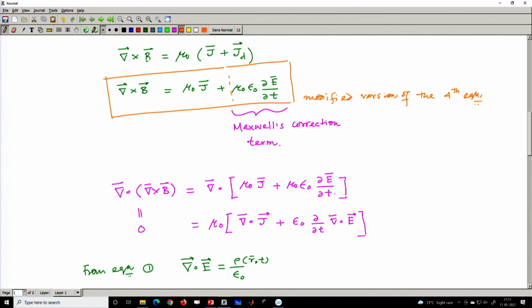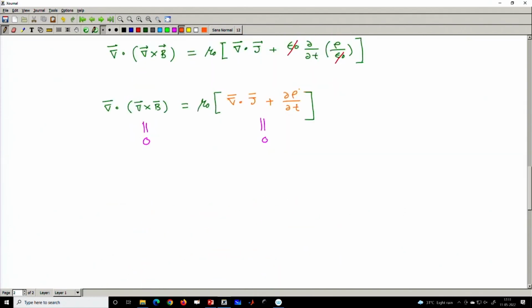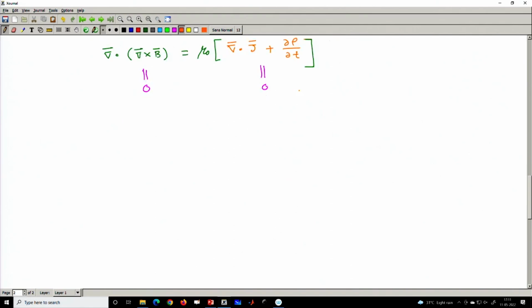So, after adding this term, the left hand side and right hand side now both become identically 0, unconditionally 0, because the continuity equation says that divergence of J plus del rho del T is equal to 0.